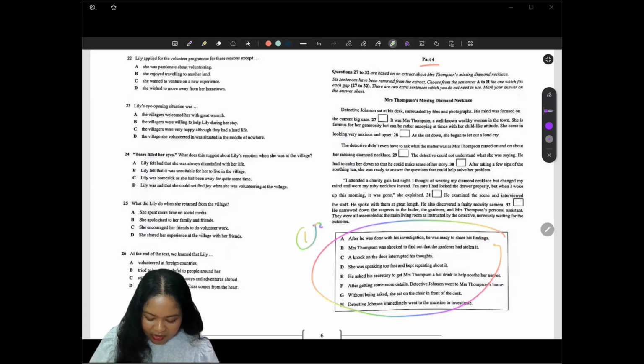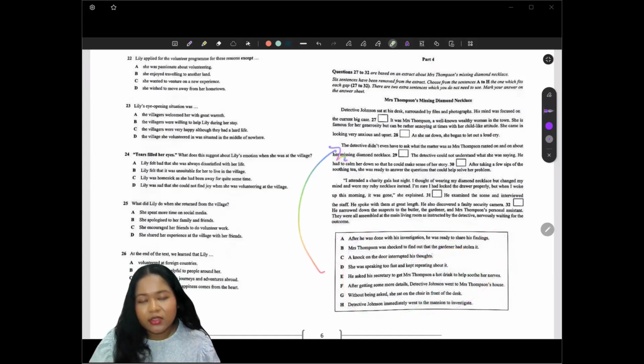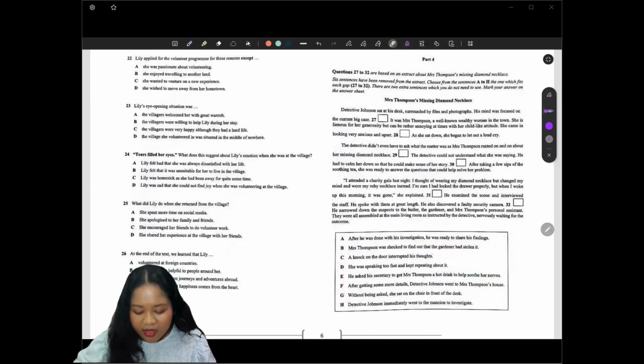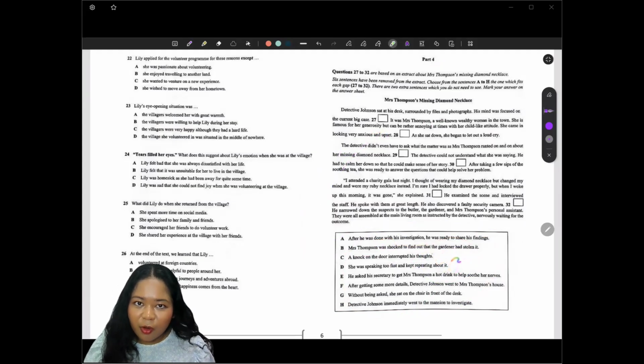Then I will answer this. Why? So that I will be familiar with what the sentences are about. Then when I read this, I have a little bit of memory of the sentences in here. Then I can answer part number four properly. Don't worry, we'll go through it.